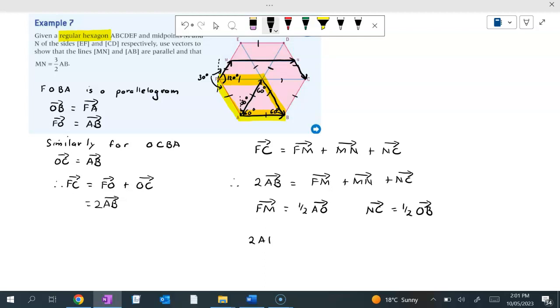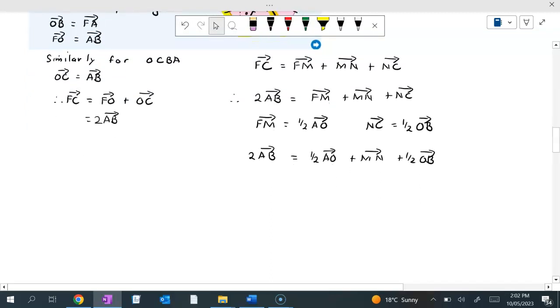Now, why do I want to get that together? Well, if I just put them together, so if I have a half AO plus MN plus a half OB, and then we put the AO and the OB together, so that's 2AB is equal to a half AO plus a half OB plus MN.